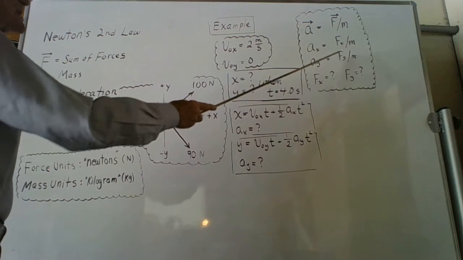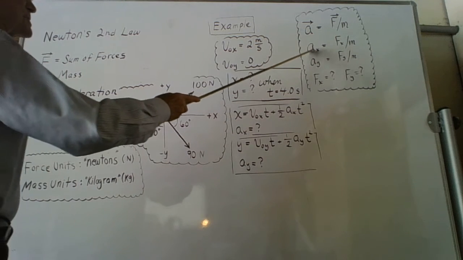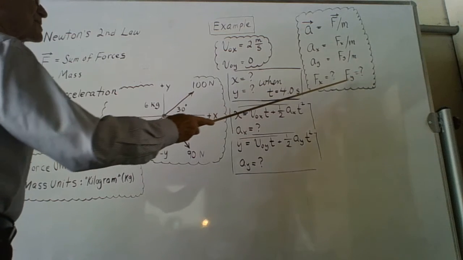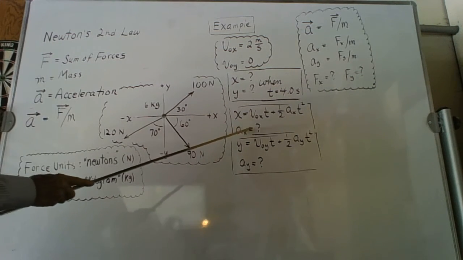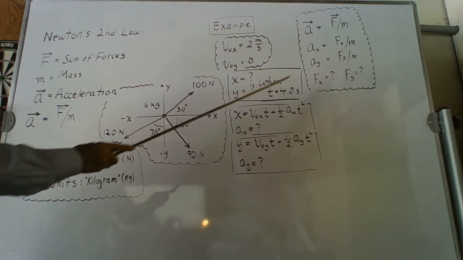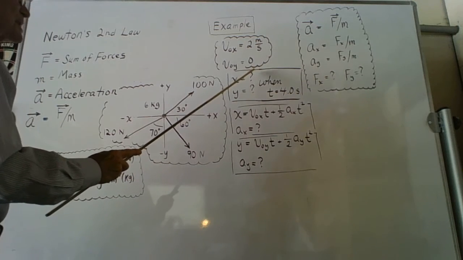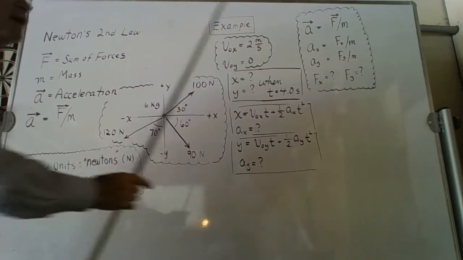A sub y is F sub y over m. So we can find the values of a sub x and a sub y if we know those 2 numbers. So these 2 question marks replace these 2, and these 2 replace these 2. So working backwards, we'll have the answer to our question, what is x and what is y, if we can determine what F sub x and F sub y are.